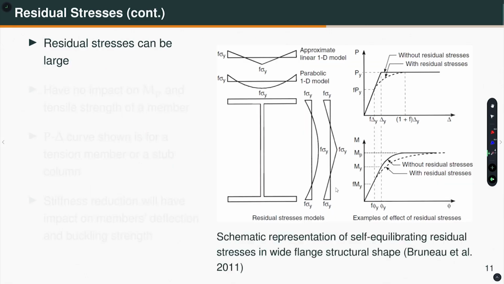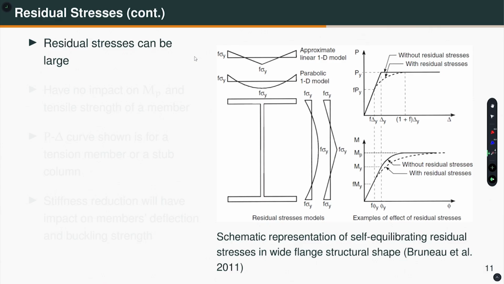Let us talk about that, and remember that the residual stresses can be large. Now I am taking an I section, and this could be your distribution of residual stress, where f is a scalar multiplied by sigma y to express the residual stress in terms of the yield strength of the material.